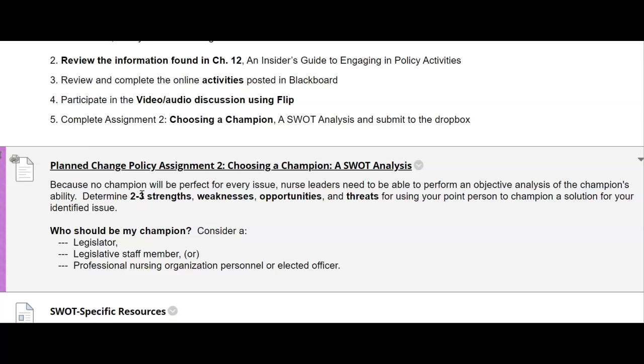Again, your champion can be a legislator, a legislative staff member, or an elected officer, perhaps of a professional nursing organization. I'm going to give you a bit of an example as we go along.